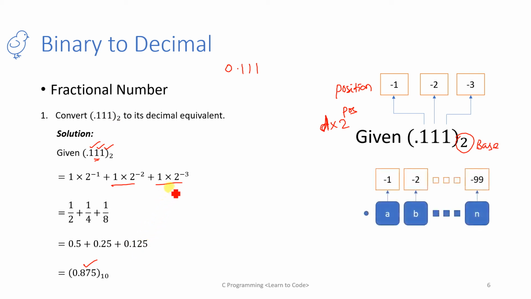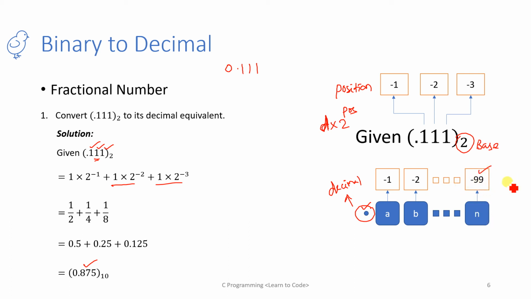Okay. So in general, if this is the decimal point, and these are the digits A, B, C up to N, let's say there are a number of digits after the decimal point. Then how could I assign the position value? The position value will start from -1 and we will go towards the right by -2, -3, -4 and so on. The N value I have written is -99.